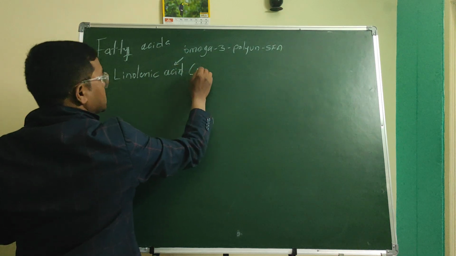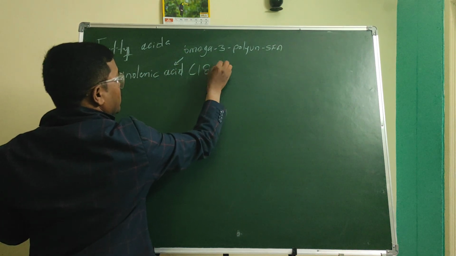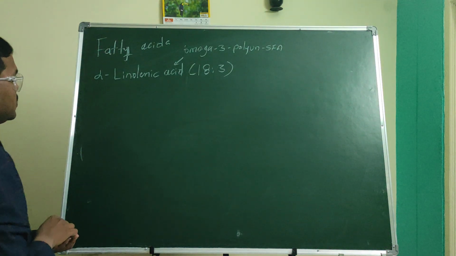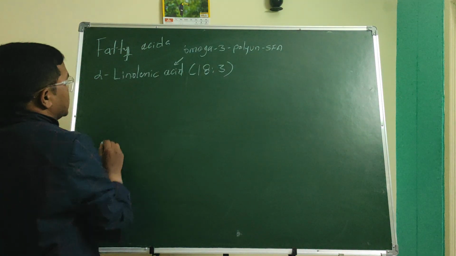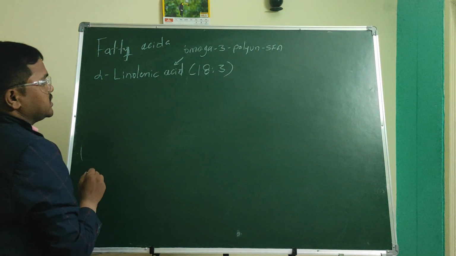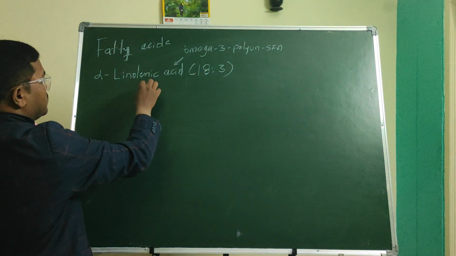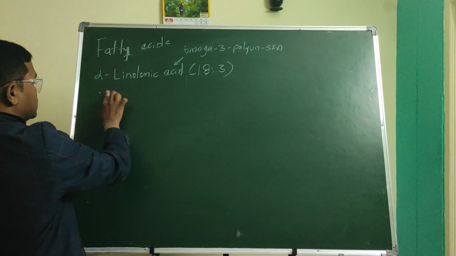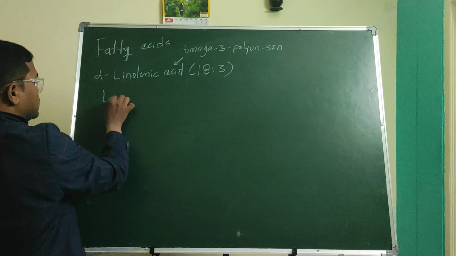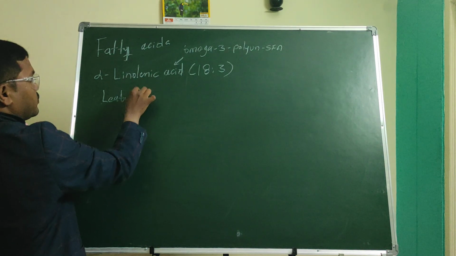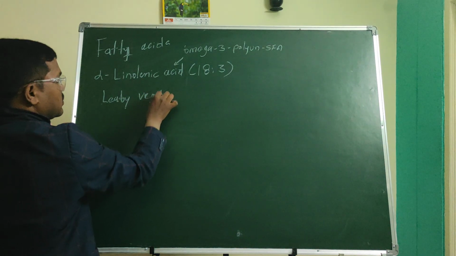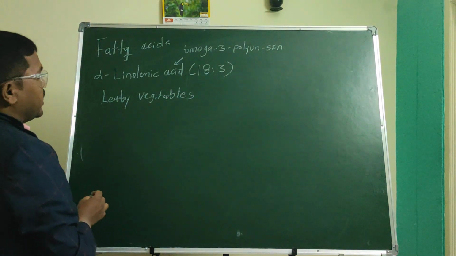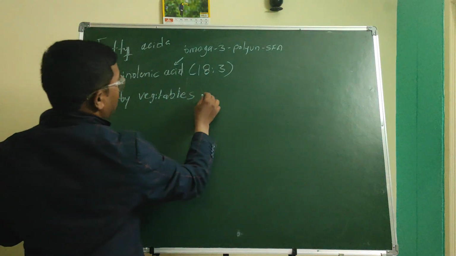It has 18 carbon atoms and 3 double bonds. This is an essential fatty acid present in leafy vegetables and fish oils.